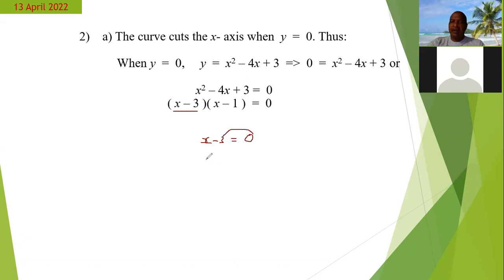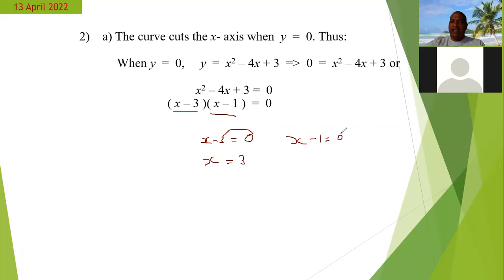Bring over the 3, we get x is equal to 0 minus 3, which is just -3. All right, sorry, not -3, rather +3, because when it was on the left side it was negative, so when we bring it over, it becomes +3. All right, guys. In a similar way, we would solve x minus 1 equals 0 as well.